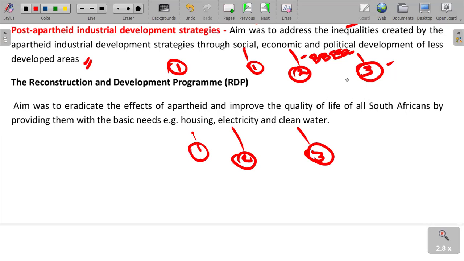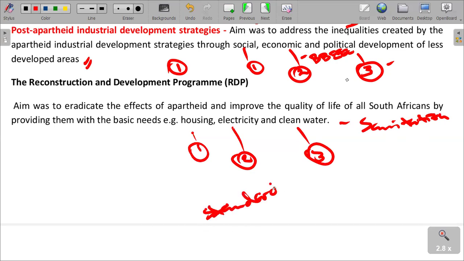So the Reconstruction and Development Program was to identify these homelands, these underdeveloped residential places or industrial zones, and give them the necessary support, providing social services, clean water, sanitation. All these were put in place in order to uplift the standards of living.